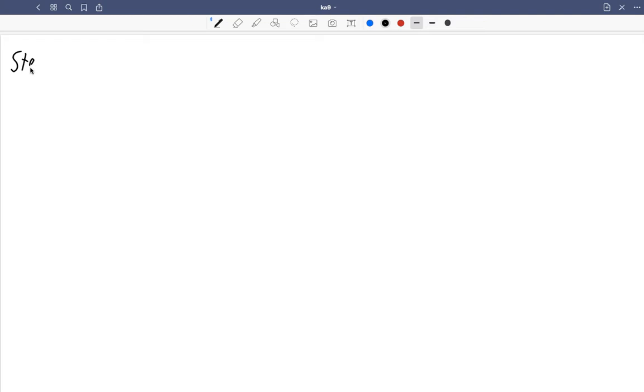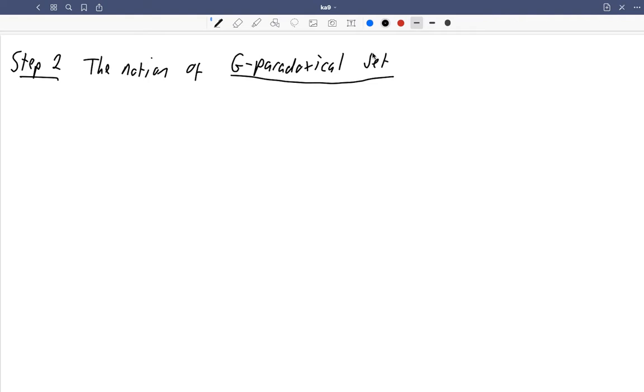We're now going to look at another notion at the same level of generality of a group acting on a set. So step two is another notion, the notion of a G paradoxical set. Let's again just start by giving the definition here.